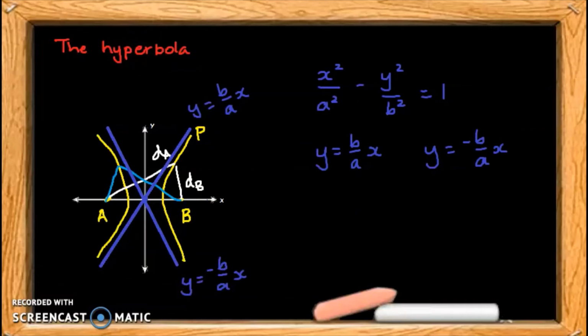And as our x values increase and increase, my yellow line, my hyperbola, will get closer and closer and closer to the asymptotes. So my equation is this, and my asymptotes are here.